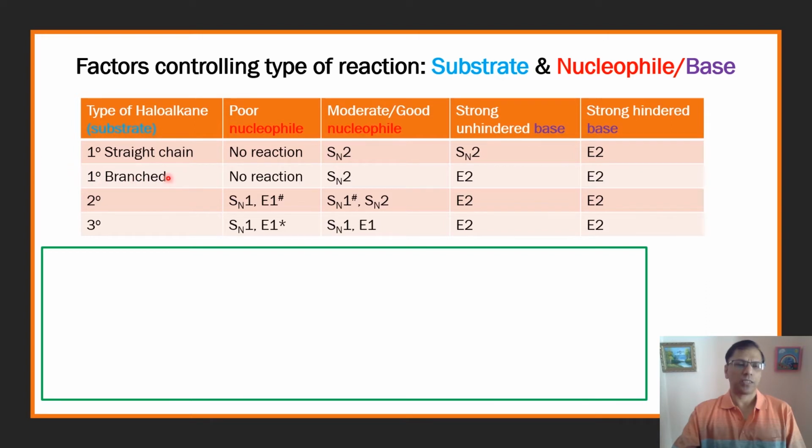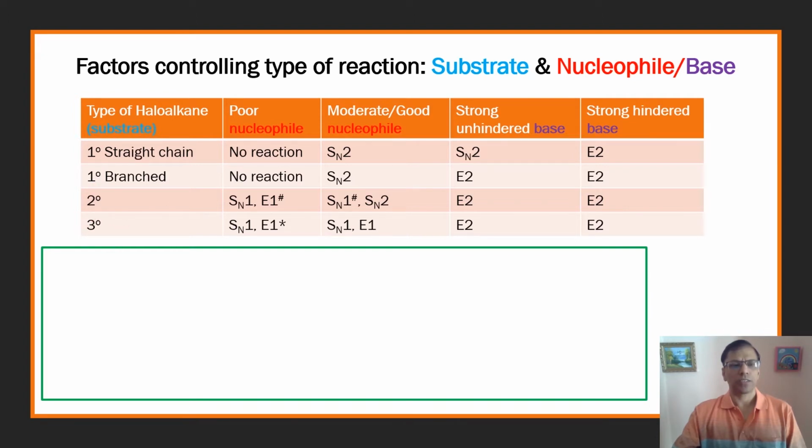Branched means it's going to be branched at the beta carbon that's next to the primary carbon. And then you have the secondary substrates and tertiary substrates.